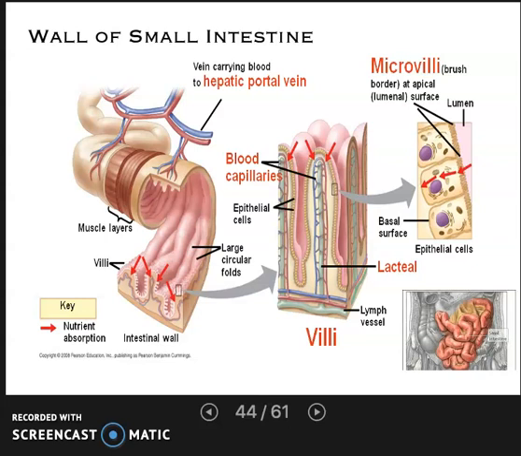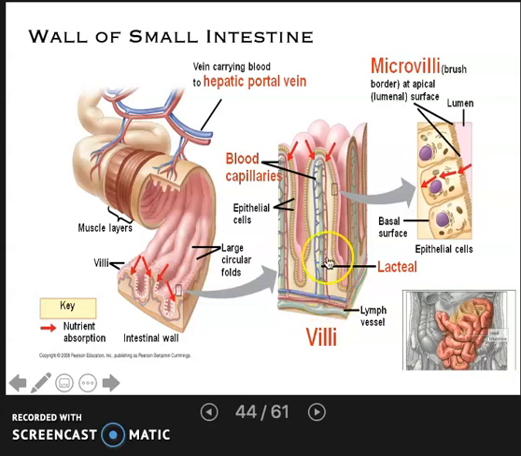And of course, the big role of the small intestine is to absorb nutrients. So the bigger the surface area, the better. Note that each villus has a lymph extension called a lacteal, and this lacteal is surrounded by a venous capillary and arterial capillary.